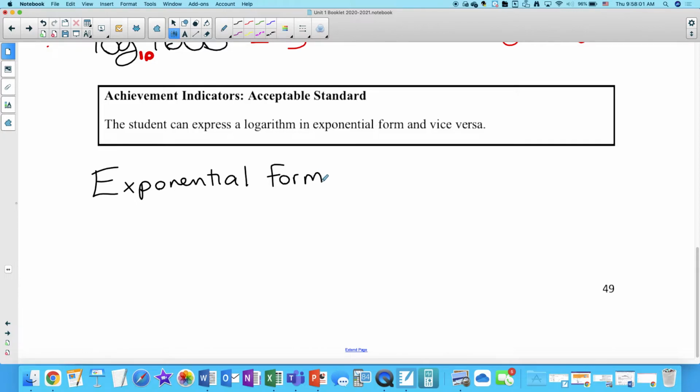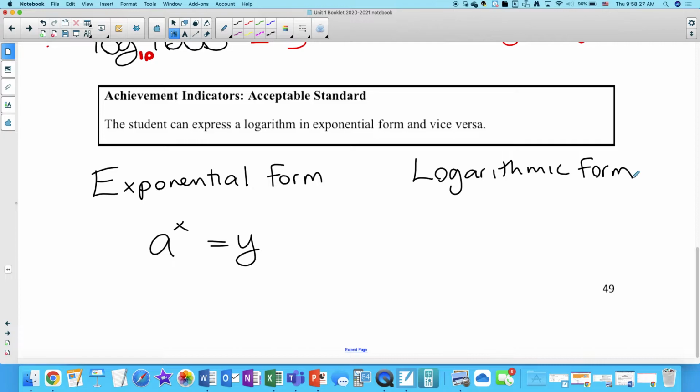Yes, it is. So essentially, if we look at exponential form, we have a to the power x equals y. In logarithmic form, the base of the exponent becomes the base of the logarithm.